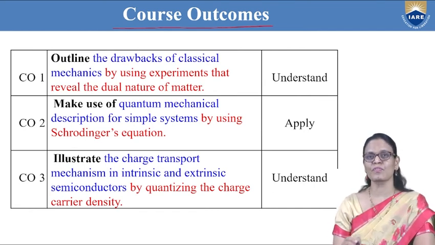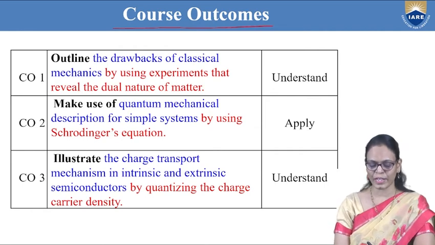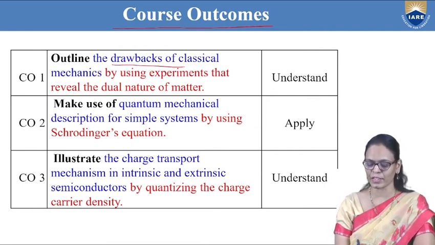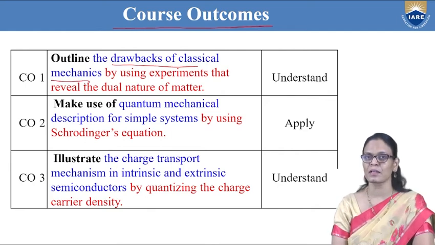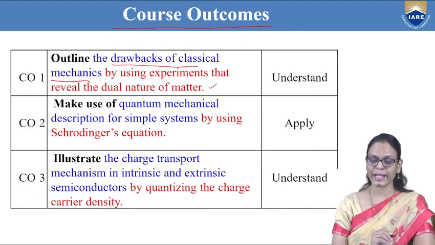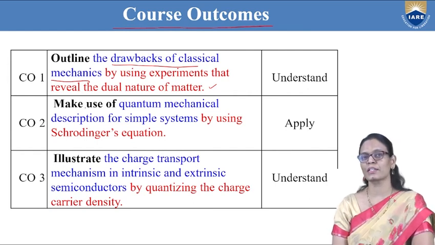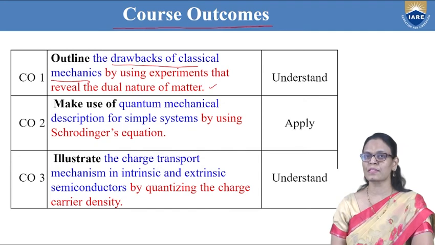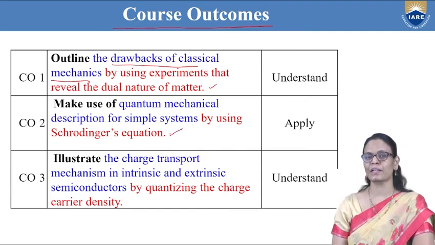In the first course outcome, they should be able to outline the drawbacks of classical mechanics by doing experiments that reveal the dual nature of matter. Then in the second CO, they should make use of quantum mechanical description for simple systems by using Schrodinger's equation, like the potential box problem I have explained.